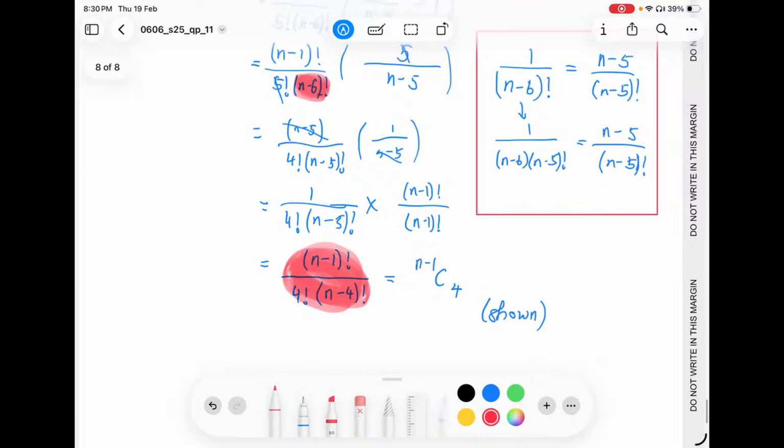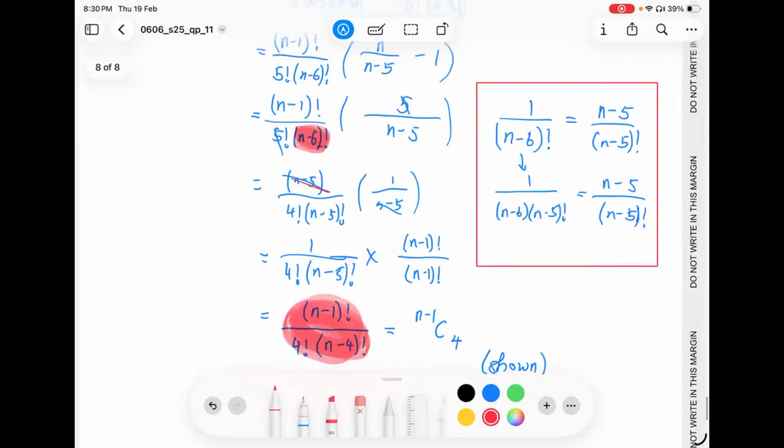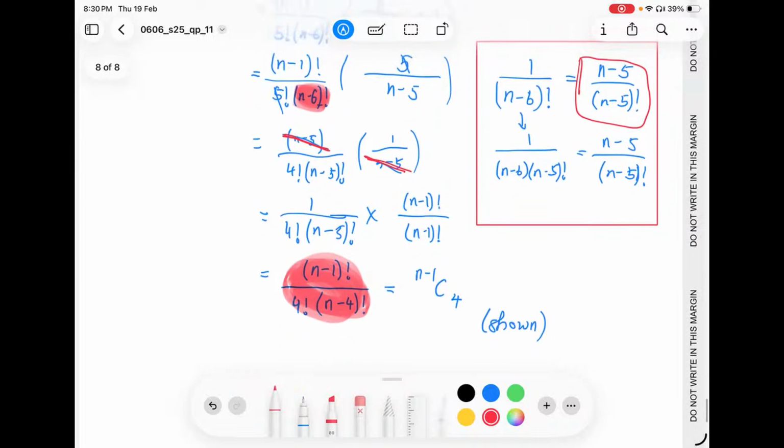You need to always keep in mind your endpoint and which terms you want to cancel out. Here we wanted to cancel out the n minus 5 and n minus 5, so that's why we made it into this form. And when we wanted to convert it to n minus 1 choose 4, we needed the n minus 5 factorial over here to be n minus 4 factorial, so that's why we multiplied by n minus 1 factorial on the top and the bottom.